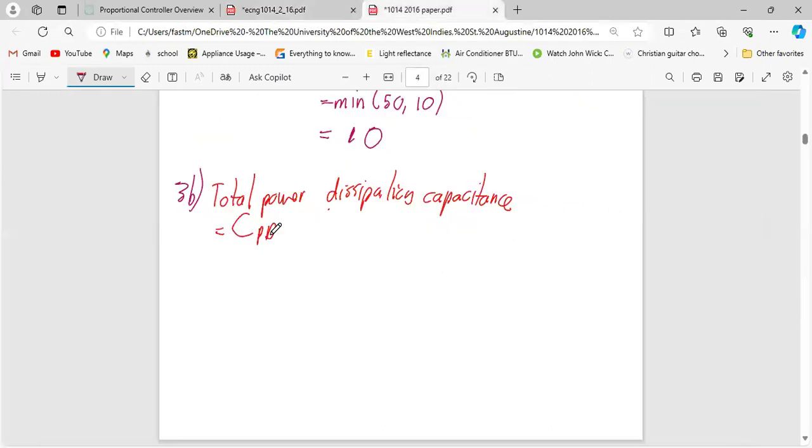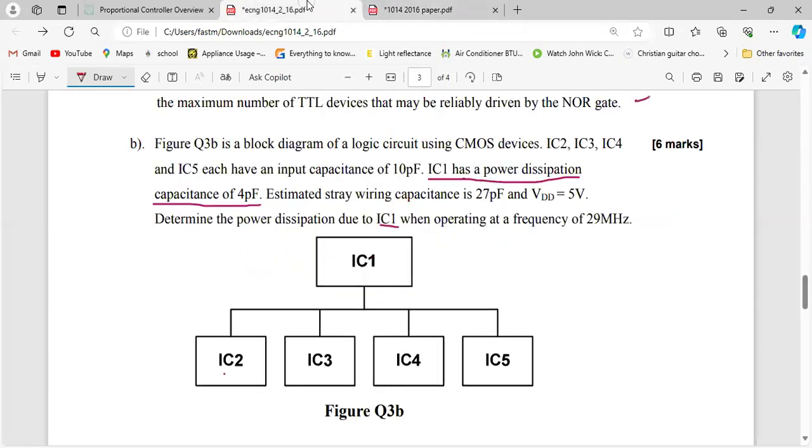So the total is the power dissipation capacitance for IC1, plus the total load capacitance, plus the total wiring capacitance, which they gave you already in the question. They say each has an input capacitance of 10.